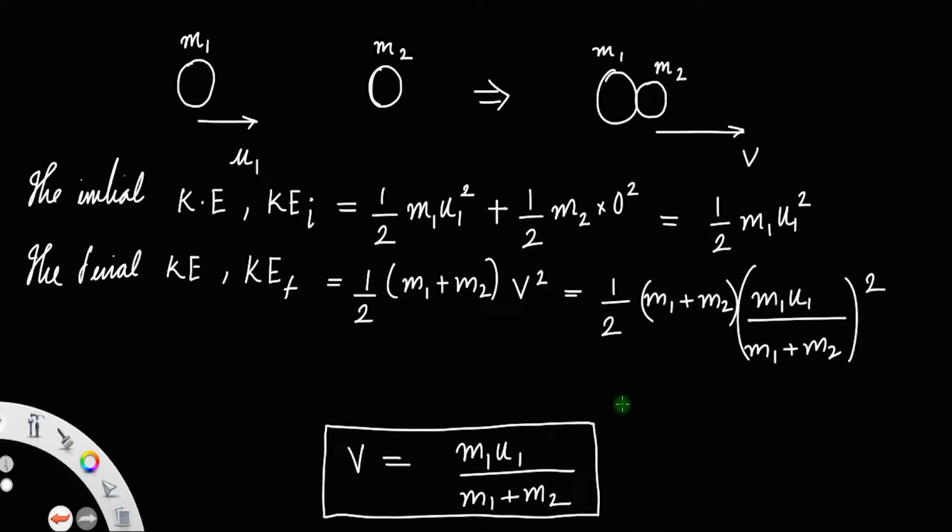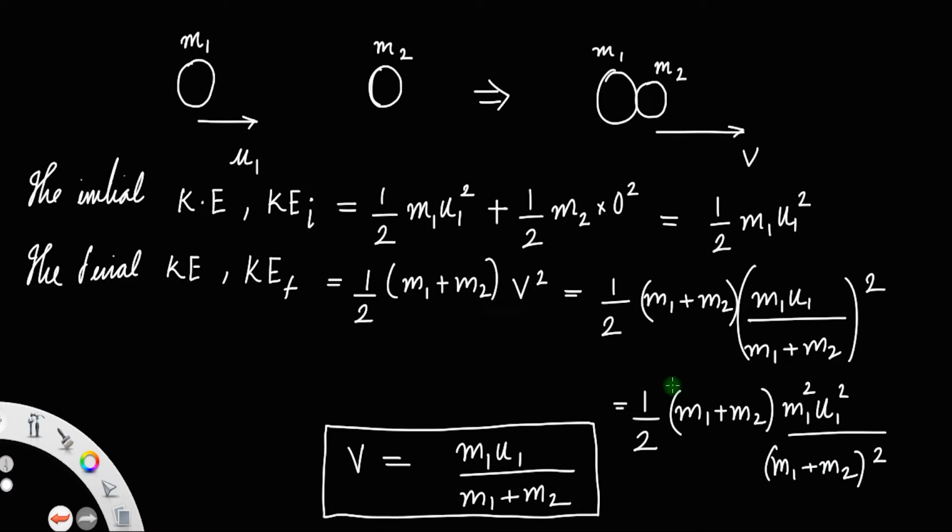On solving this, you will get 1 by 2 m1 plus m2 times m1 square u1 square divided by m1 plus m2 whole square.